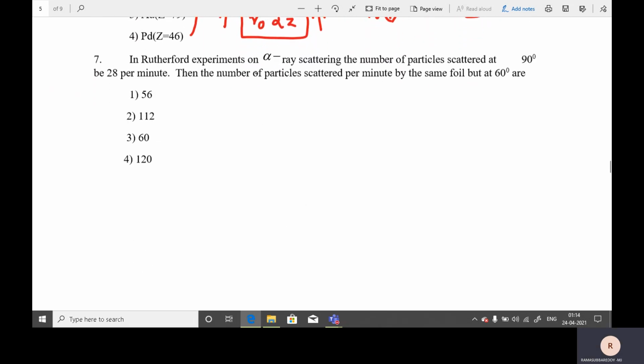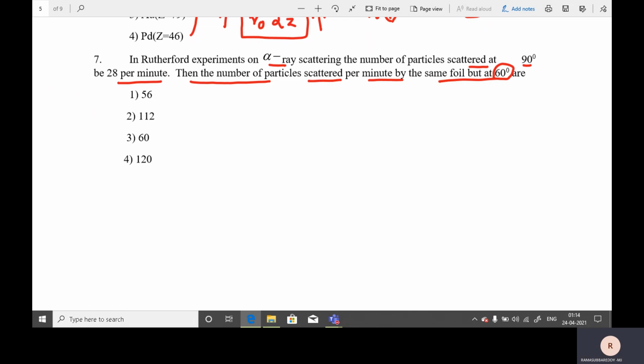In Rutherford's experiments on alpha scattering, the number of particles scattered at 90 degrees is 28 per minute. Then find the number of particles scattered per minute by the same foil at 60 degrees, in how many minutes.